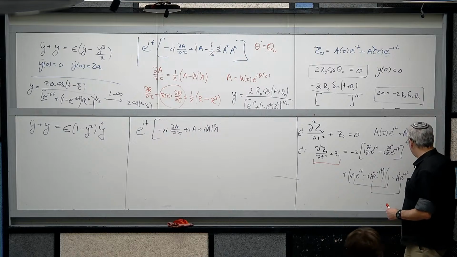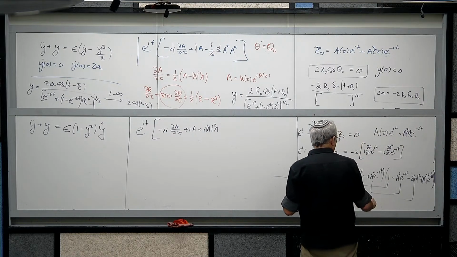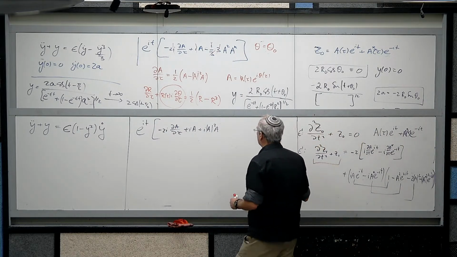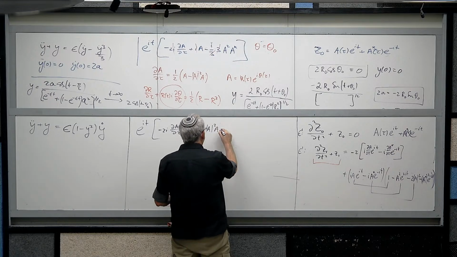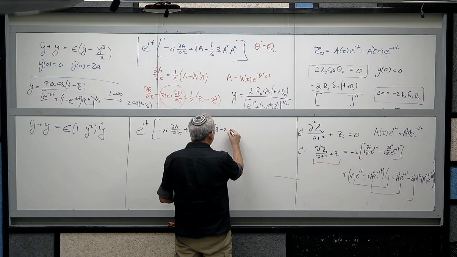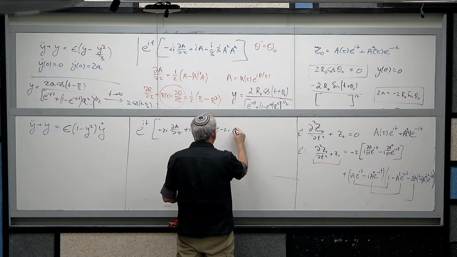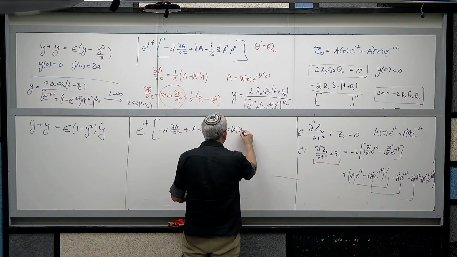What will this give us? Minus 2i. Minus, yes, because you have minus here. Minus 2i A squared. Minus 2i absolute value of A squared A.